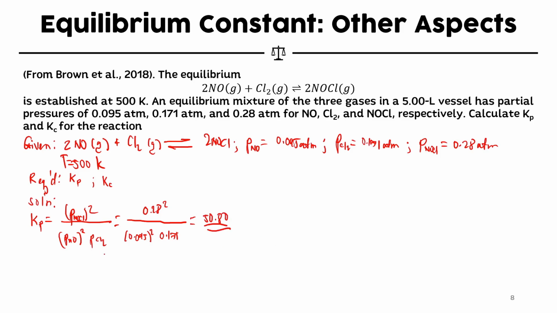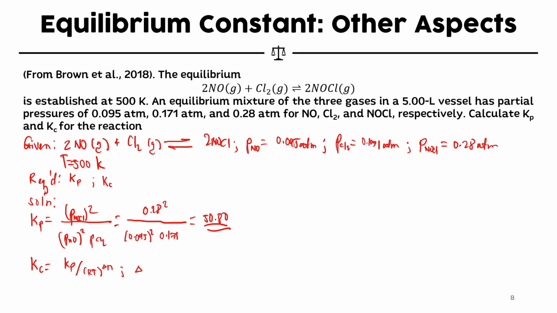Then we have shown in our previous slides that Kc is equal to Kp divided by RT raised to the power of delta n. So let's establish first how much our delta n is.